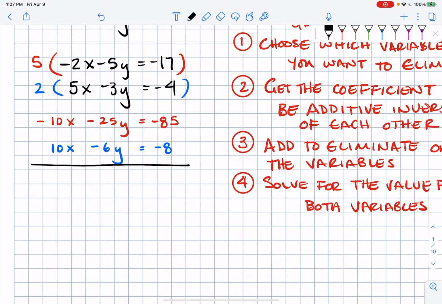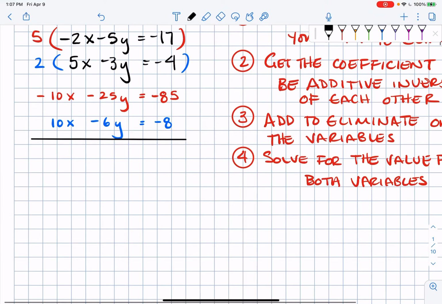Then from there, the reason why it's called addition method is because now I'm going to add everything. So negative 10x, positive 10x eliminates each other. And I'm going to have negative 25y, negative 6y. So that's going to be what? A negative 31y. And that's going to equal to negative 93. So my y value is going to be equal to a 3.